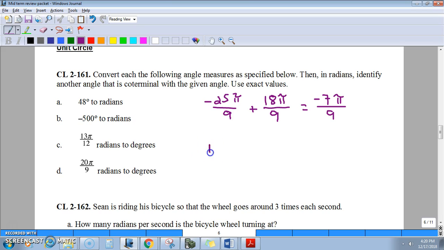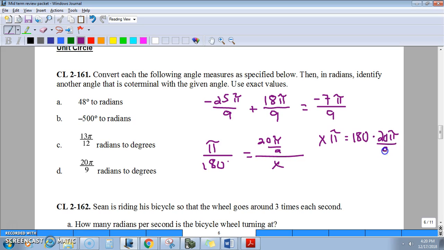Last one, we're going to start again with, I know that there are pi radians in 180 degrees, and that is going to be equal to, I have to put this whole fraction of 20 pi over 9 on the numerator, because that's the entire radians, over x. So when I cross multiply, I get x times pi is equal to 180 times 20 pi over 9.